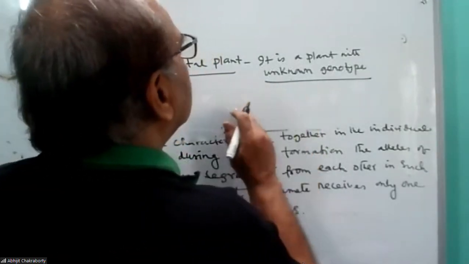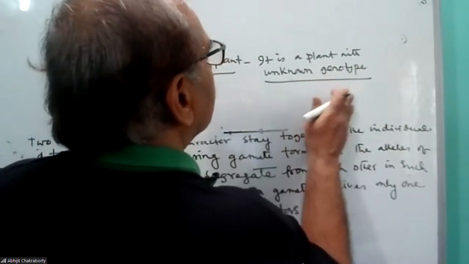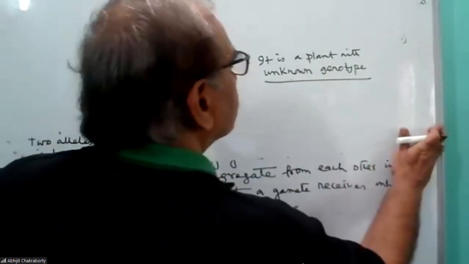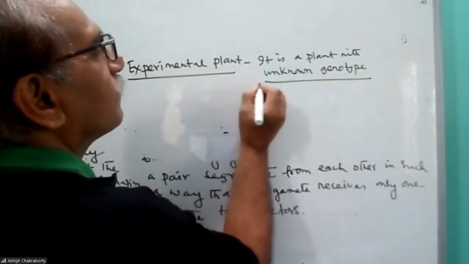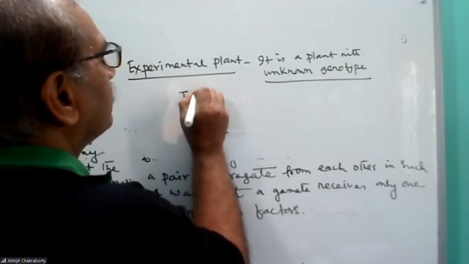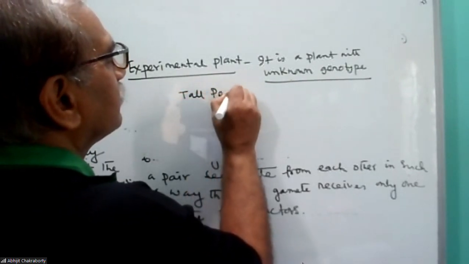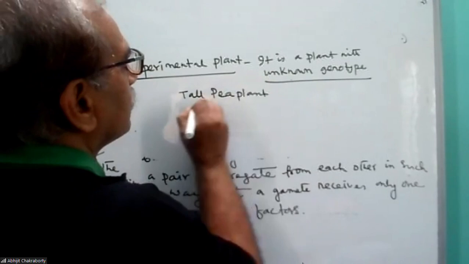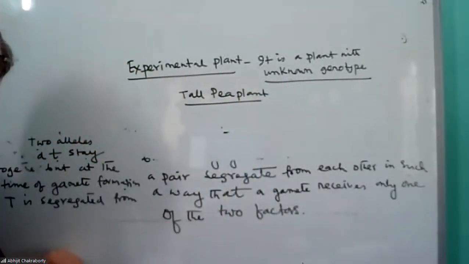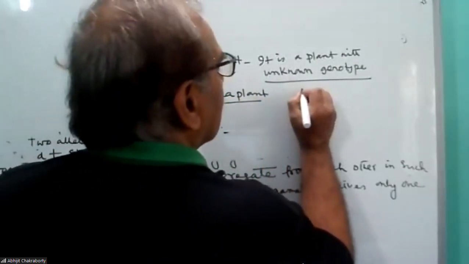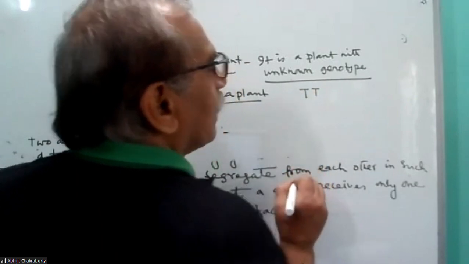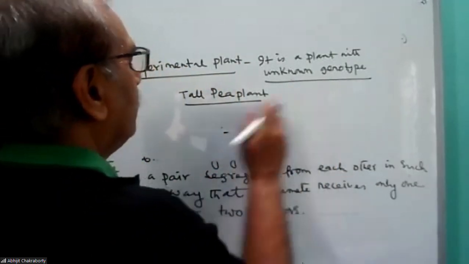Unknown genotype means, for example, tall pea plants. We don't know the genotype because a plant with capital T capital T genotype is also tall.